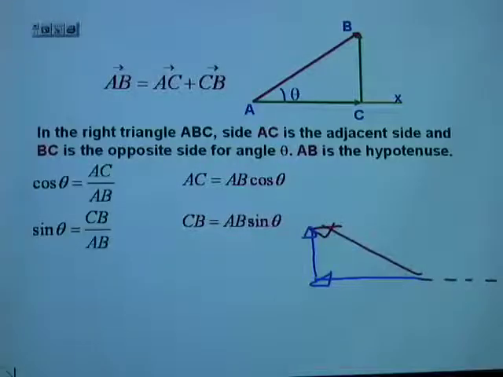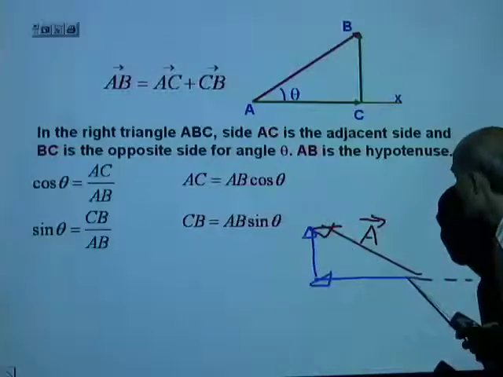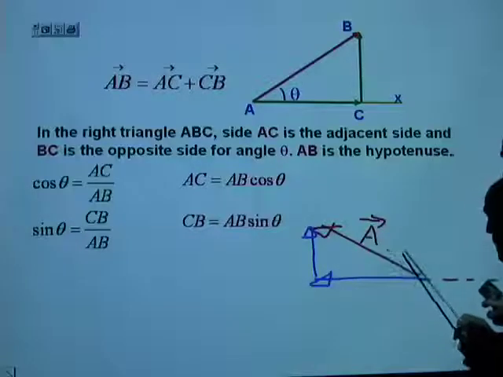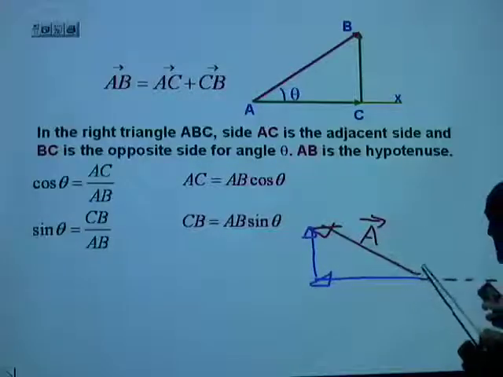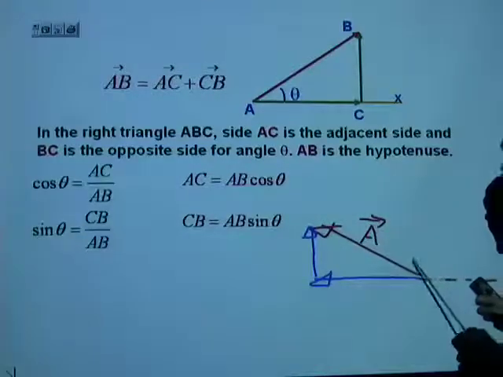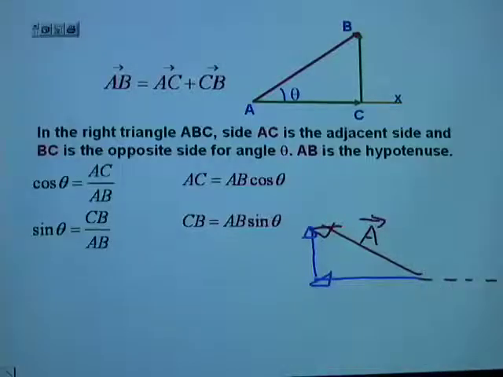I'm going to call that vector A. Now, this is the name of this vector, vector A. This vector A has this x component and this y component. Now, what is the direction of this vector? The direction of this vector is specified by the angle the vector makes with the x-axis. What is that angle? That angle is this angle, and that is the angle theta.